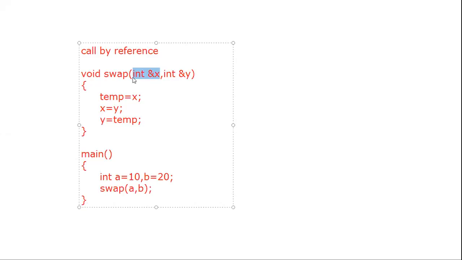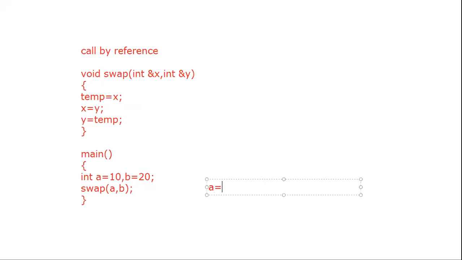So ampersand x and ampersand y are nothing but the addresses of the actual variables, a and b. Suppose I consider here a: the address of a is 1001 and its value is 10. Similarly 1002 and its value is 20.